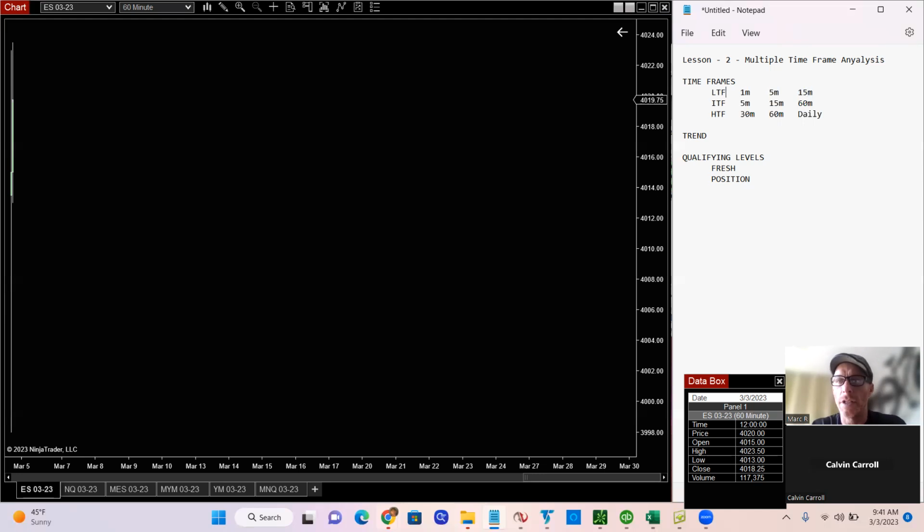You may also see people refer to this as your trading time frame. This can be your trend time frame. And then your higher time frame is sometimes referred to as curve.